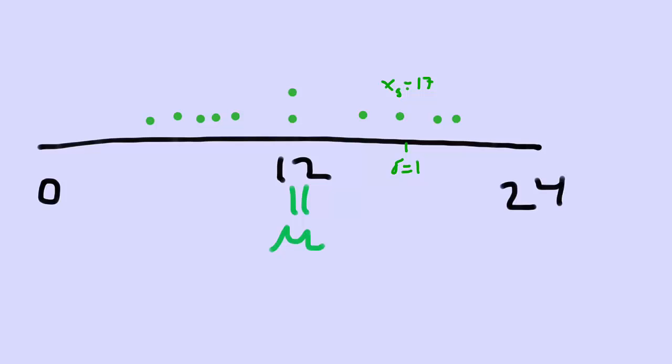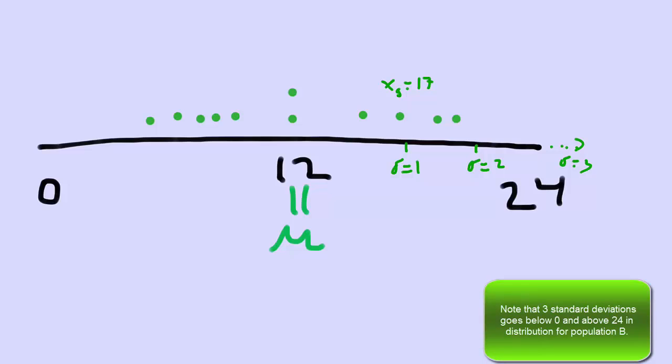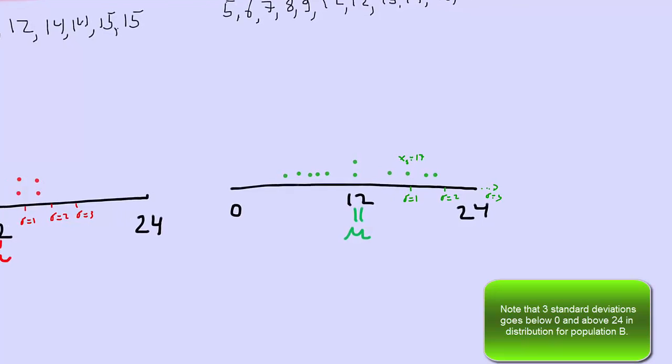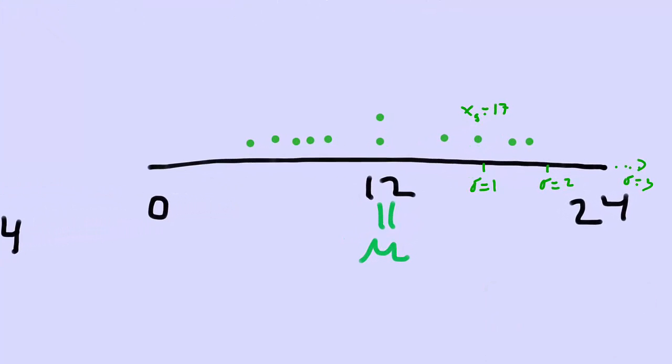From there we go to 22 point something, that's sigma equals 2, and sigma equals 3 is off the chart somewhere here. Same thing on the way down. From 12, this point here is 7, x3 equals 7. 12 minus 5, that gets us to 1 standard deviation below.